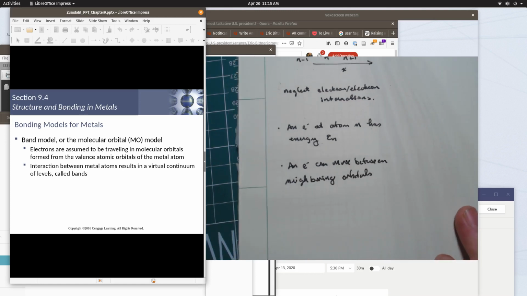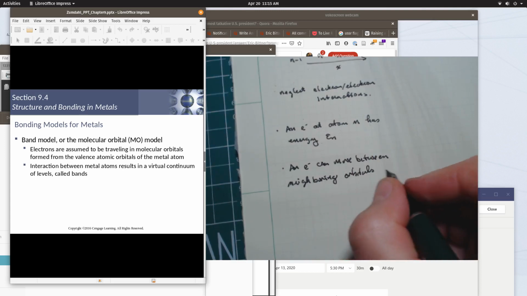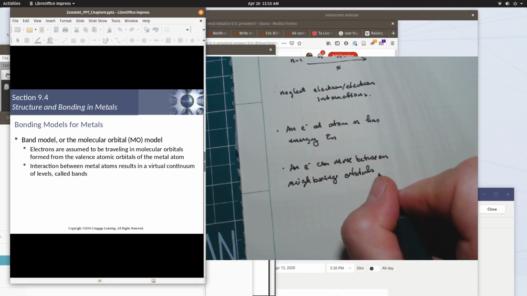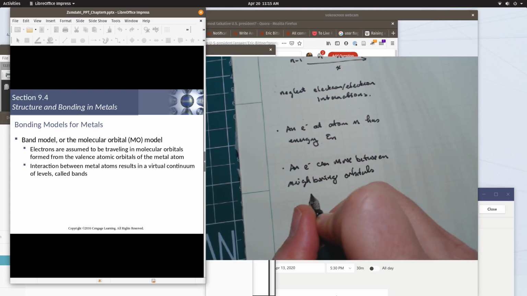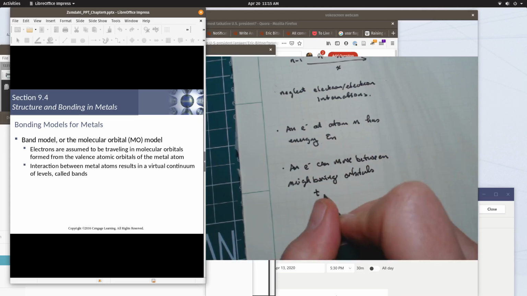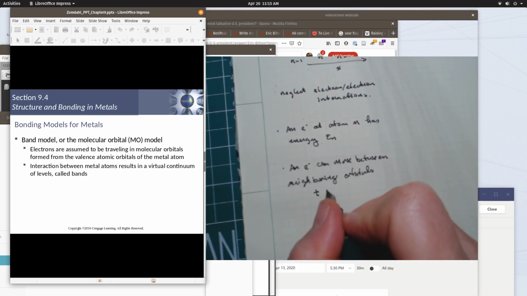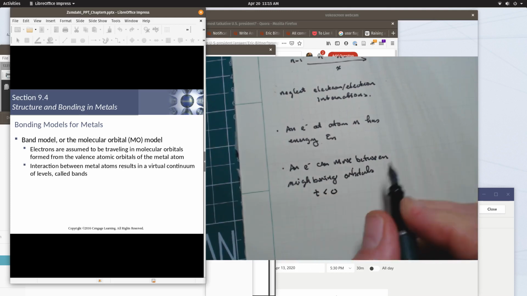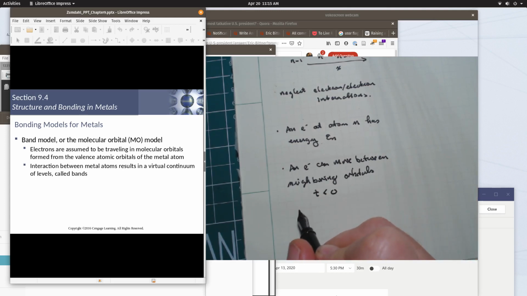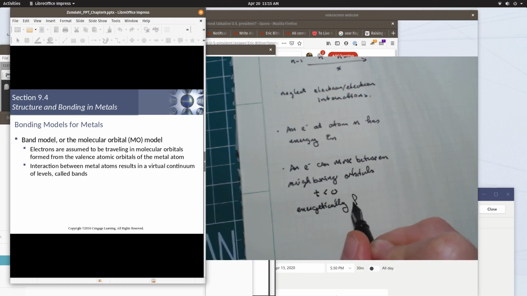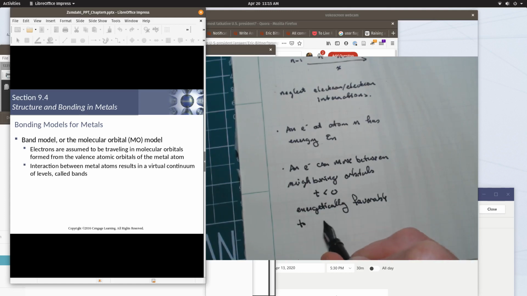And there's an energy associated with that, and that energy is going to be T. This is the energy associated to move, and it's going to be some number less than 0. So in other words, it's energetically favorable to delocalize.